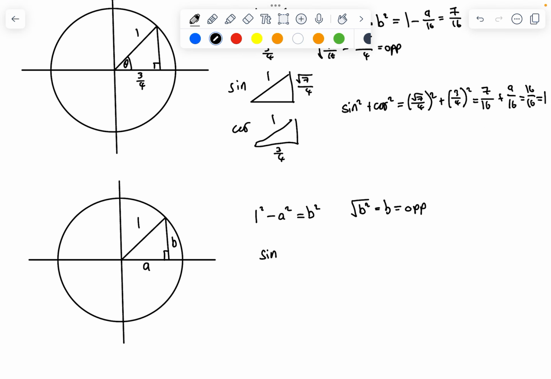Then my sine is always going to be b over 1, and my cosine is always going to be a over 1, and when I take sine squared plus cosine squared, I'm going to get b squared plus a squared equals 1, which equals the hypotenuse squared.